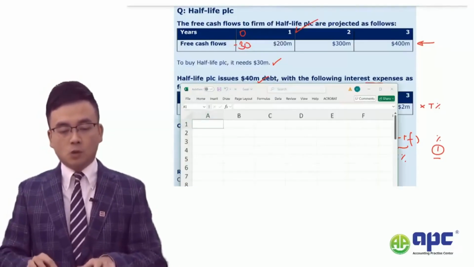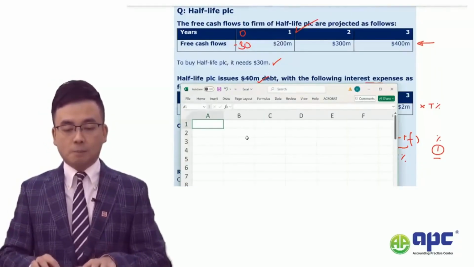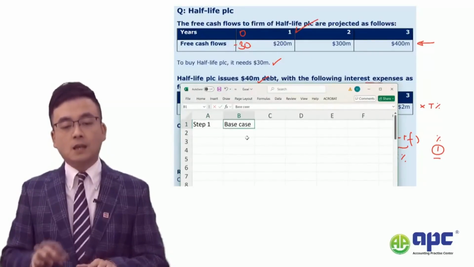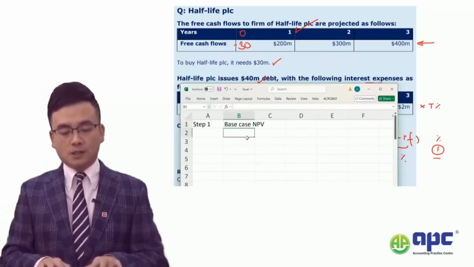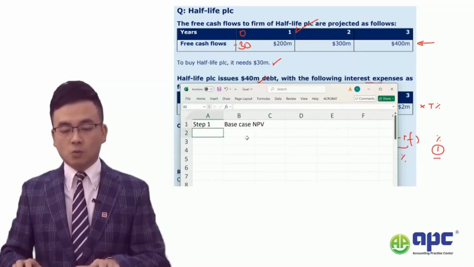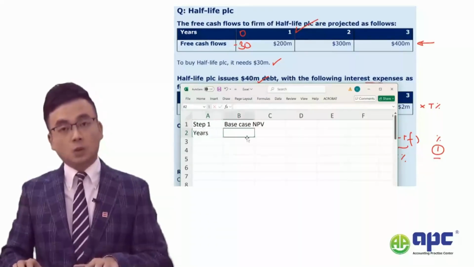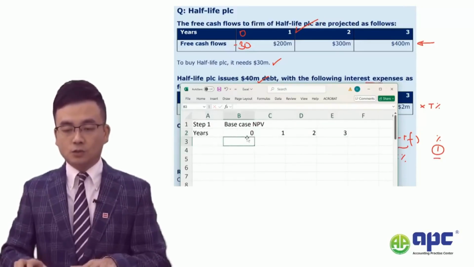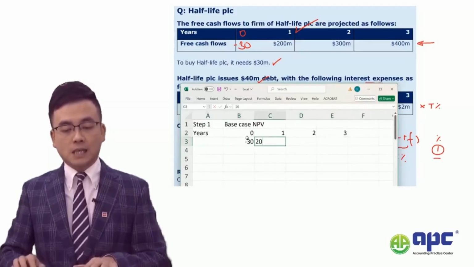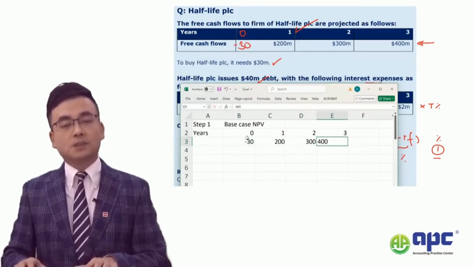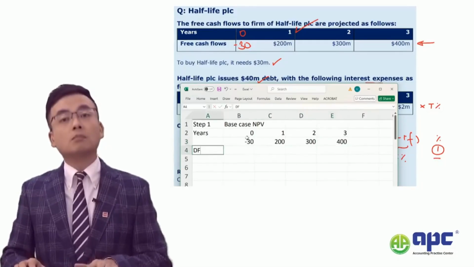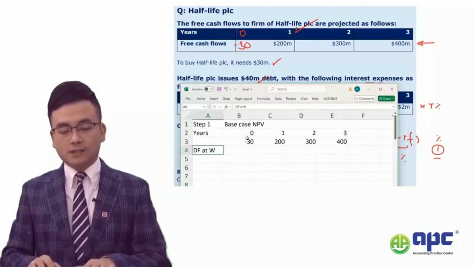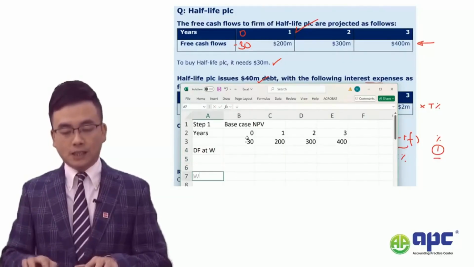Now in step 1, all we do is calculate the base case NPV of Half-Life PLC. The years are 0, 1, 2, 3. We are told that we spend 30 out and get 200, 300 and 400 respectively. And we need to discount at a particular rate. So we open the working here to calculate the cost of equity ungeared using CAPM.